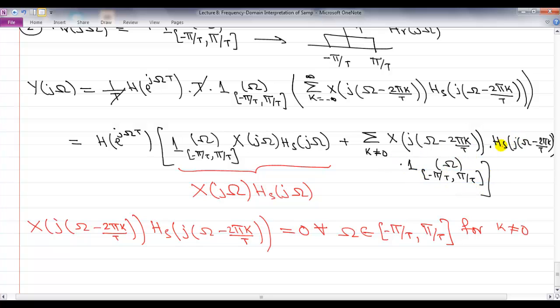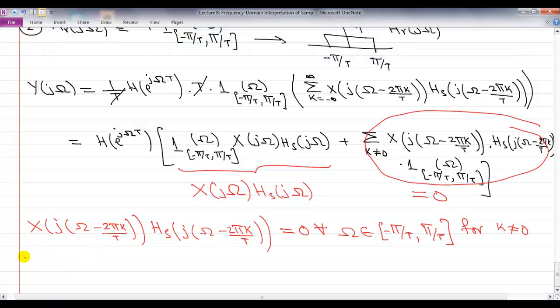So this whole summation becomes 0, because we are multiplying two functions. One lives outside minus pi by T to pi by T. One lives inside minus pi by T to pi by T. So the multiplication of them becomes 0. Each term inside becomes 0.